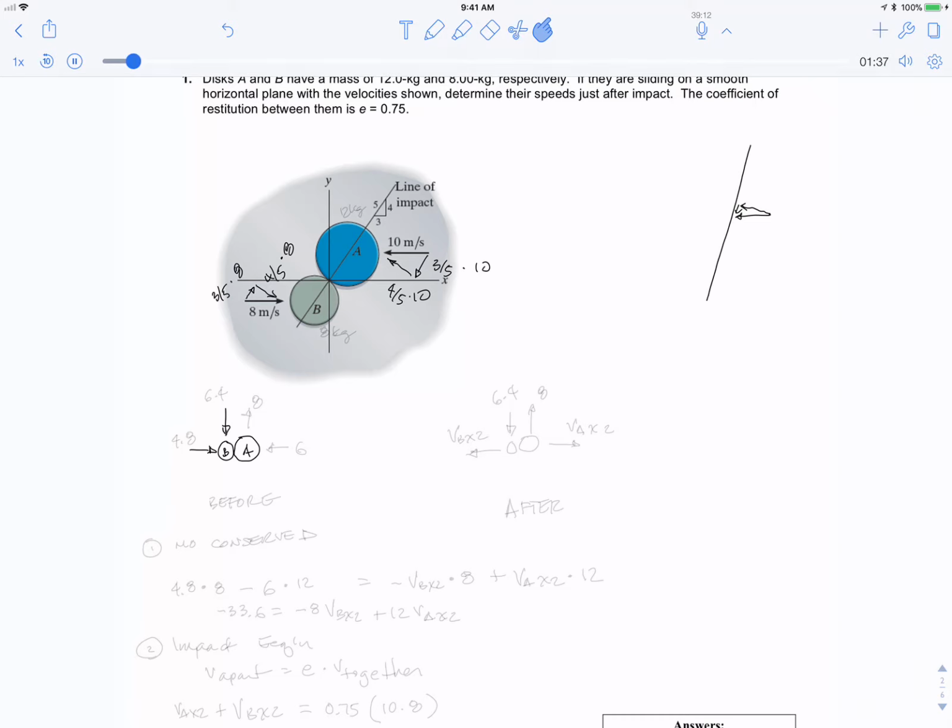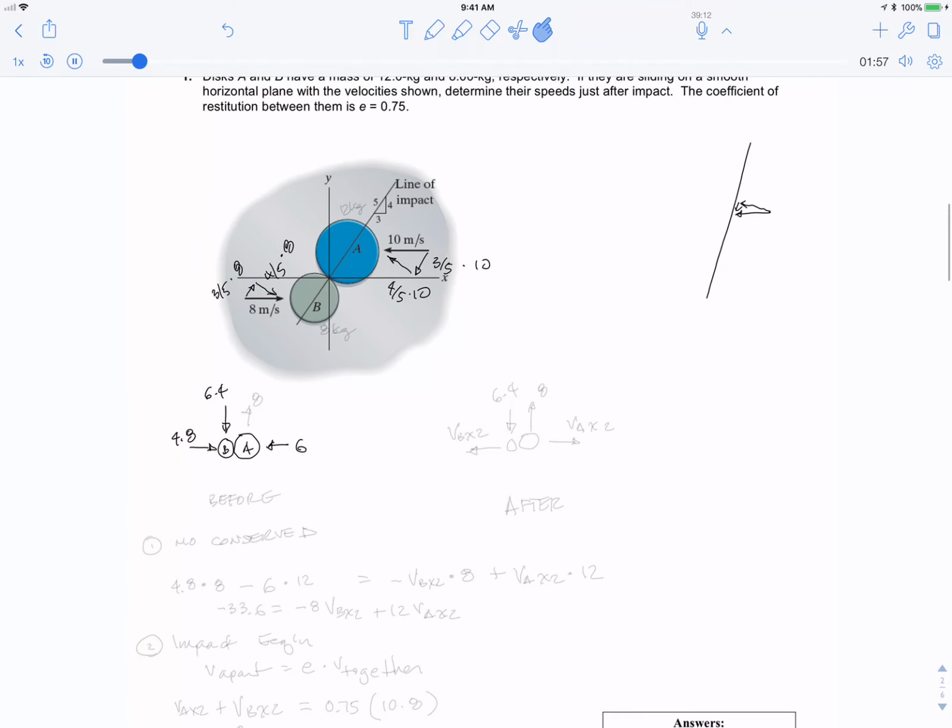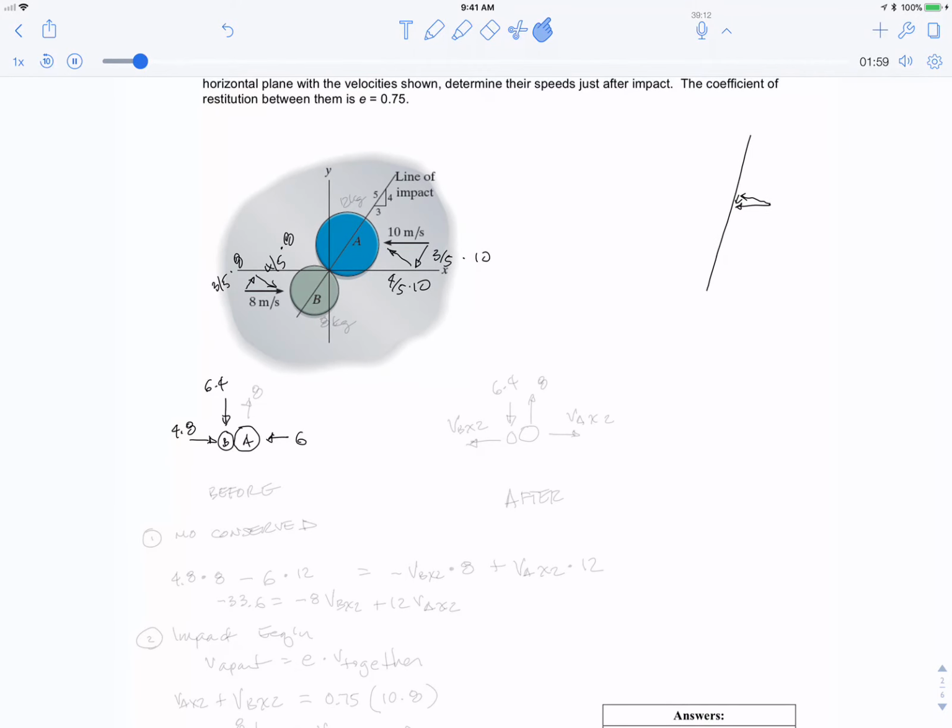Okay, so 3/5 of 8 is 4.8, and 4/5 of 8 is 6.4. This one is easier: we have 3/5 of 10 going that way, which is 6, and 4/5 of 10, which is 8, going that way. Okay, so that's before.